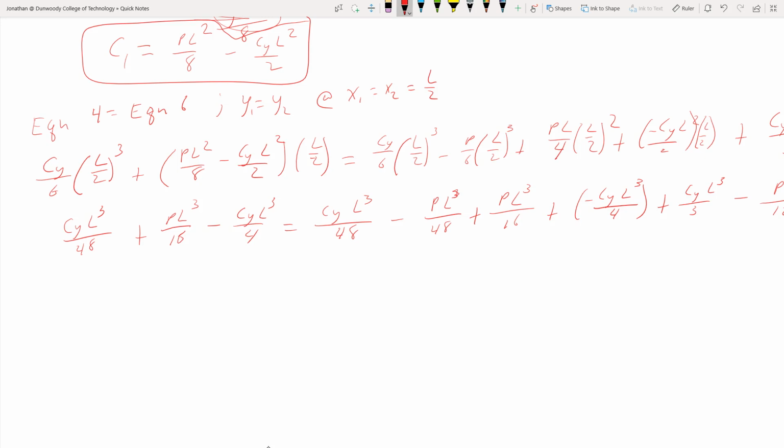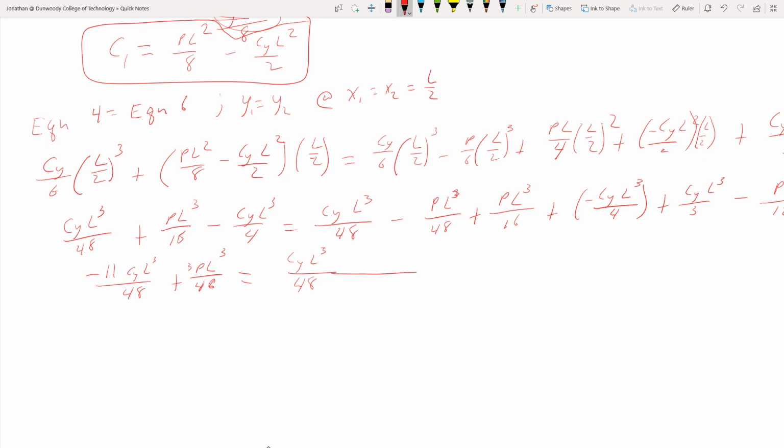So adding these two together here, I need to multiply this by 12, so I get negative 11 CYL cubed over 48 plus PL cubed over 16. Maybe we'll make that 3 over 48 there, because we got 48s over here, equals CYL cubed over 48. What else do I have here?